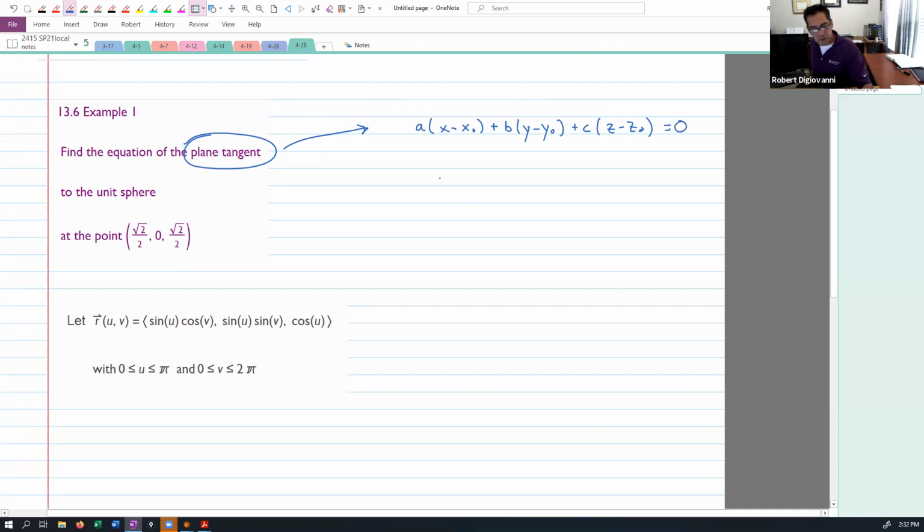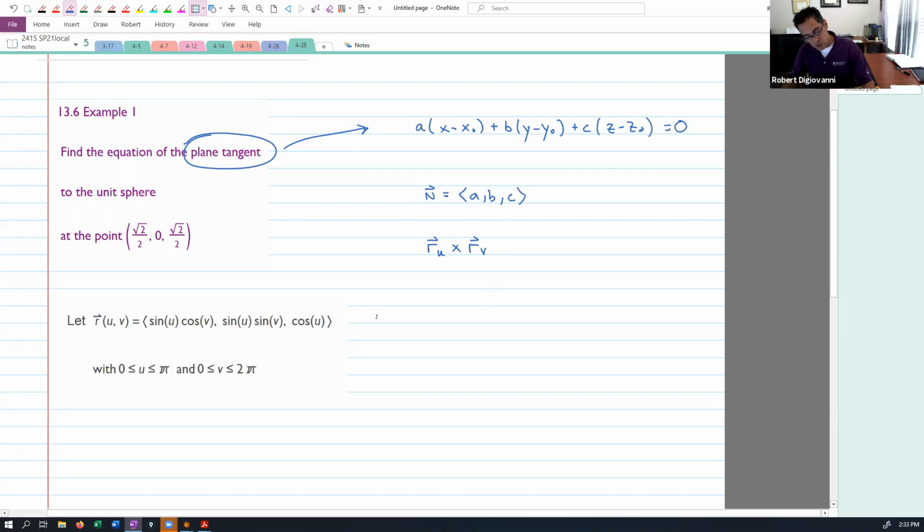The only thing we have to figure out is the normal vector, which is the vector ABC, because we already know x naught, y naught, z naught is given to us in the problem. To figure that normal out, we're going to take the partial of our surface function with respect to u and cross it with the partial with respect to v. If we can cross those two tangent vectors together, we'll get our normal vector.